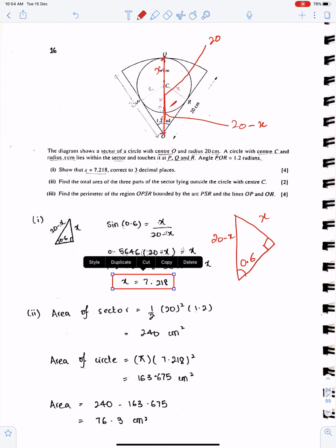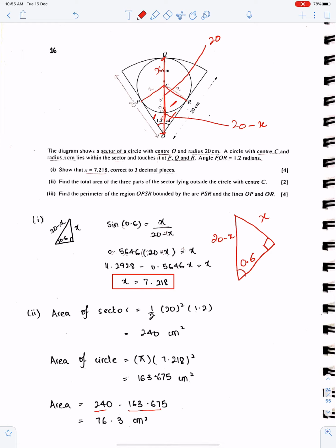Find the total area. This is very simple. It's sector minus triangle. Sector minus triangle. Perimeter of this part. So simple.